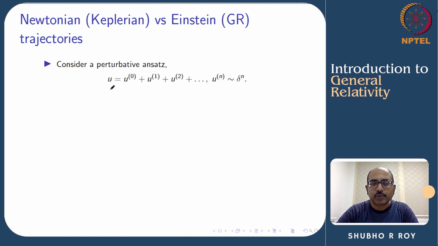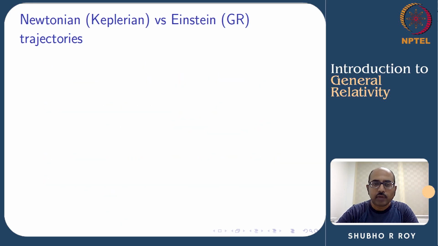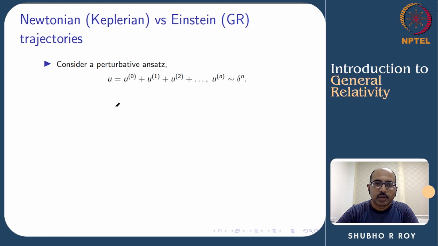So in the second order equation which we have written here, I will substitute a perturbative ansatz. That is, u will be written as u0 of phi plus u1 of phi plus u2 of phi, and so on, and un of phi will be taken to be of order delta to the n, so nth order in delta with some numerical coefficient. That's why I've written the similarity sign.